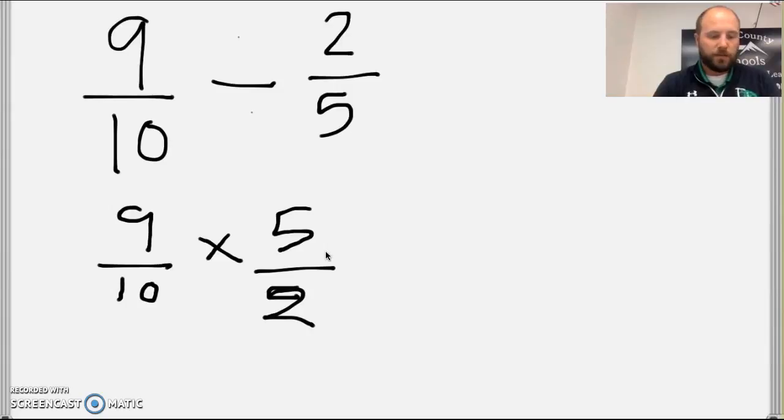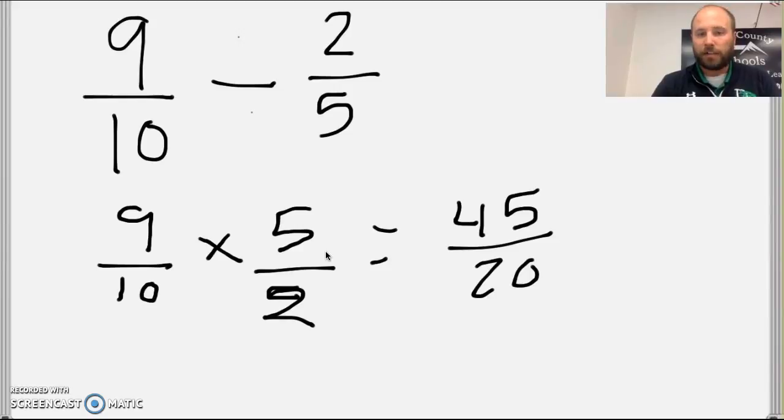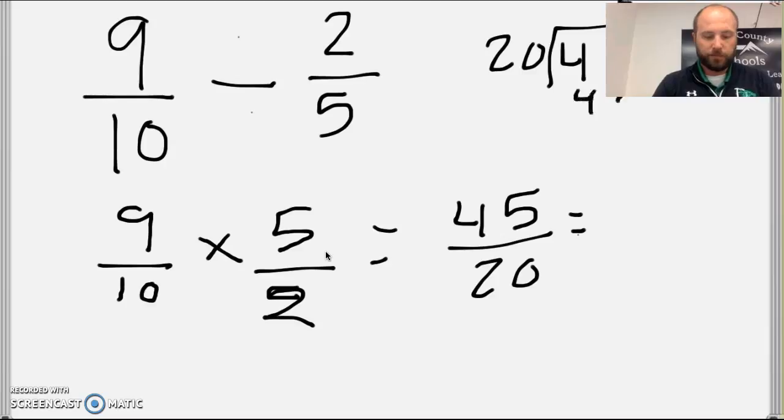Okay, so 9 times 5 is 45 over 20. Okay, this is an improper fraction. This is a division problem. This really means 45 divided by 20. Well, guess what? 20 can go into 45 2 times. 5 left over. So our answer is 2, 5 left over 20.